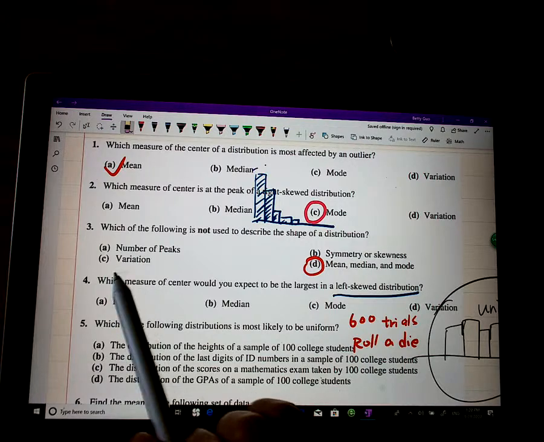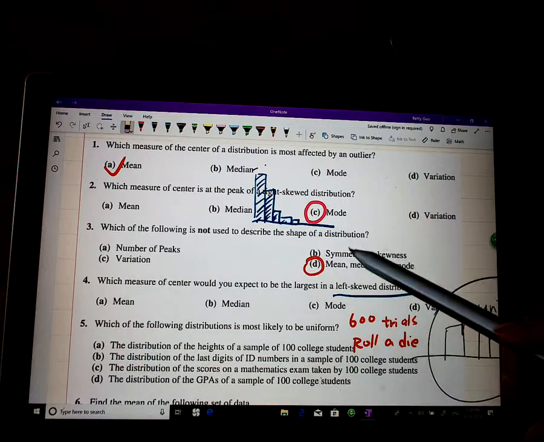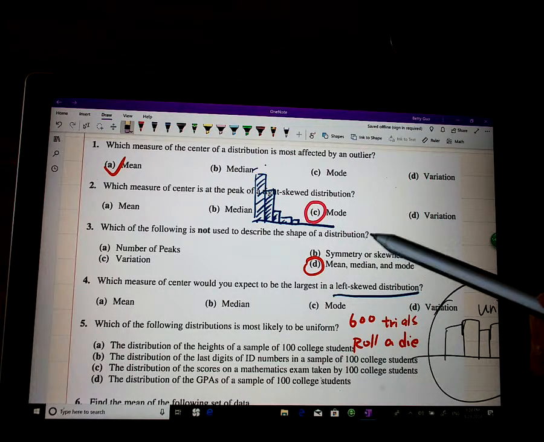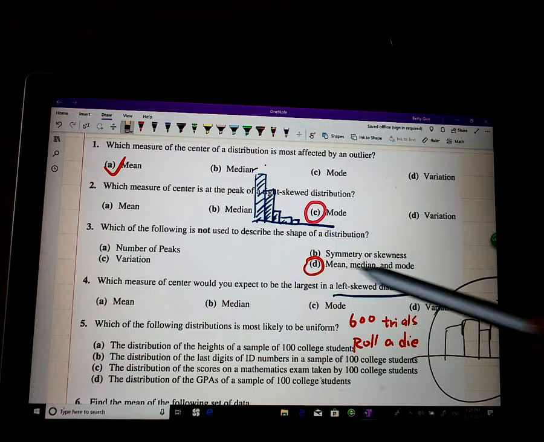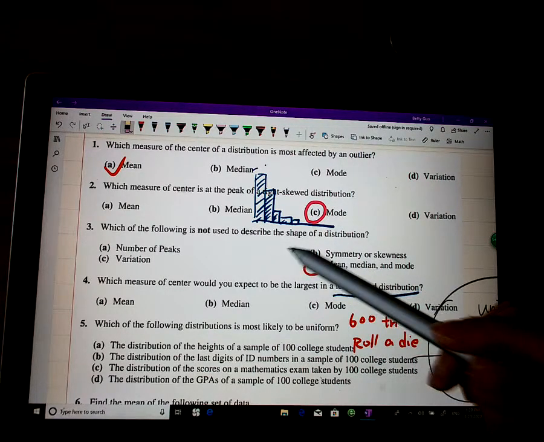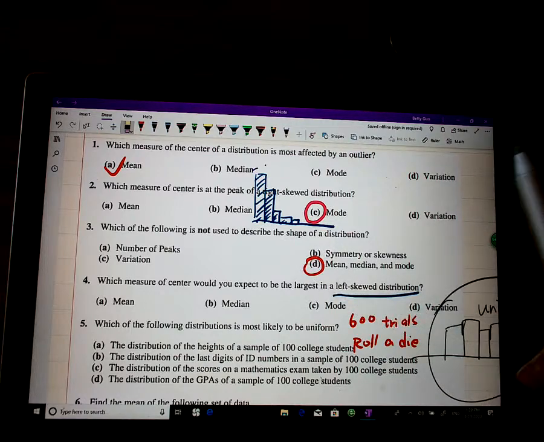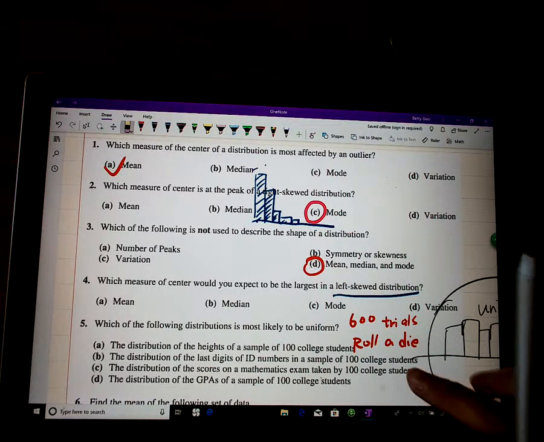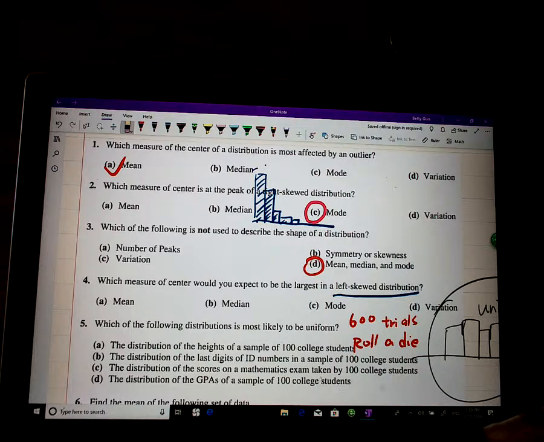Of course, it describes the shape of the distribution. Symmetric skewness, of course, is related to the shape, right? But the mean, median, and the mode describe the center of the distribution, not the shape. So we choose D.